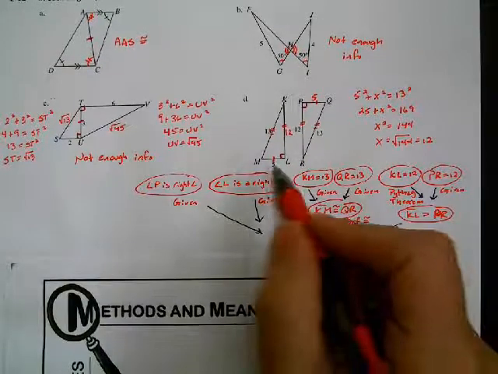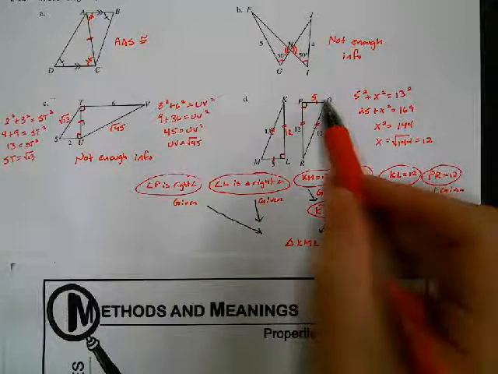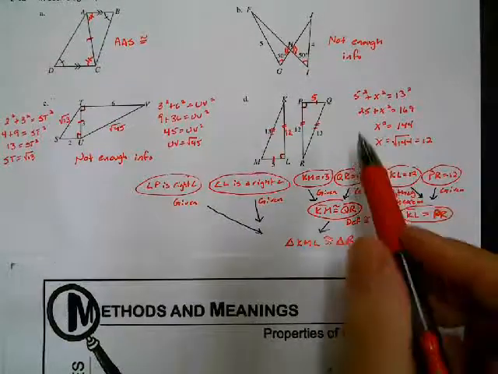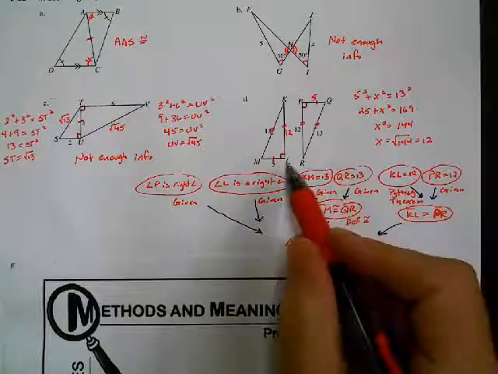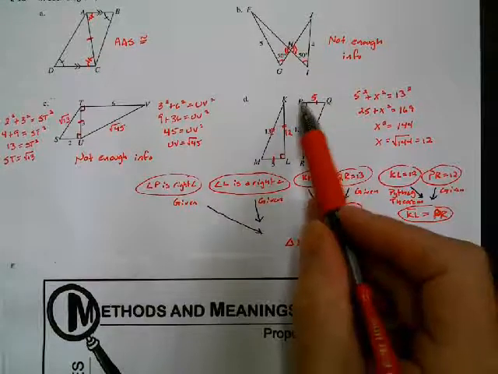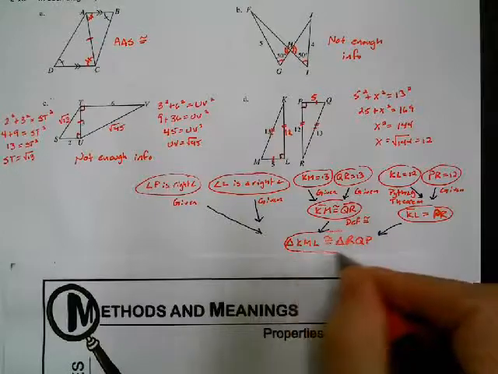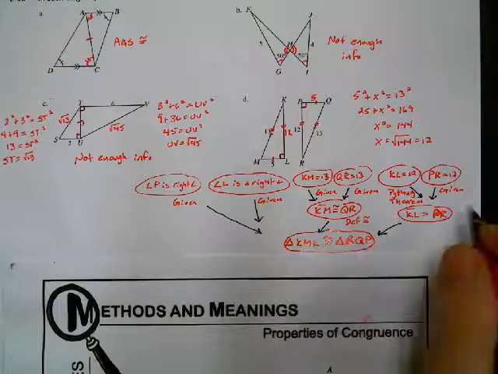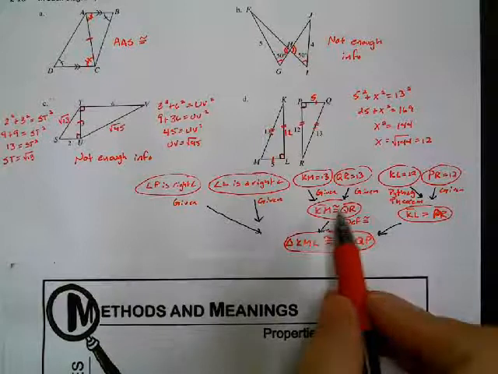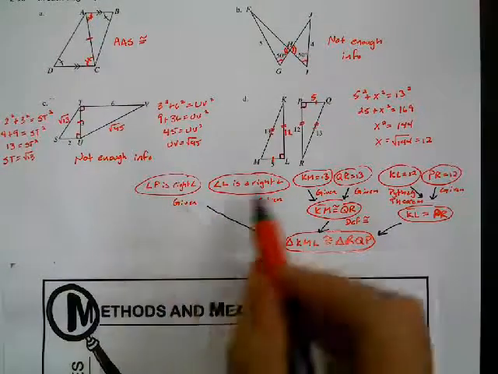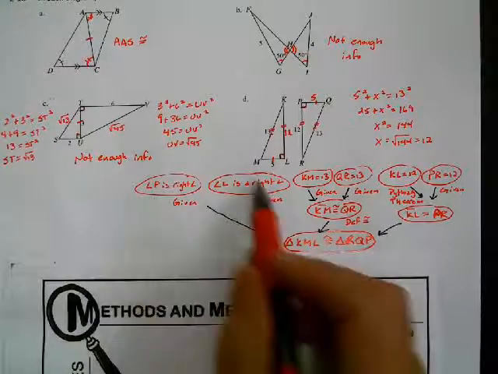And then finally, L is between 5 and 12, and P is between 5 and 12. So I can say that those two triangles are congruent to each other, and the reason is I had the hypotenuse and I had the leg. Now in hypotenuse leg, you have to prove that you're working with right triangles, and we proved that these are both right triangles right there. So we would say that this is hypotenuse leg congruence.